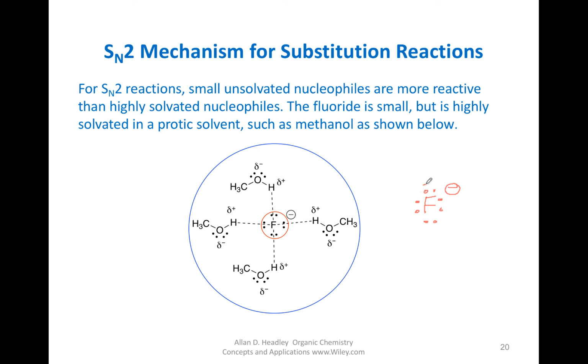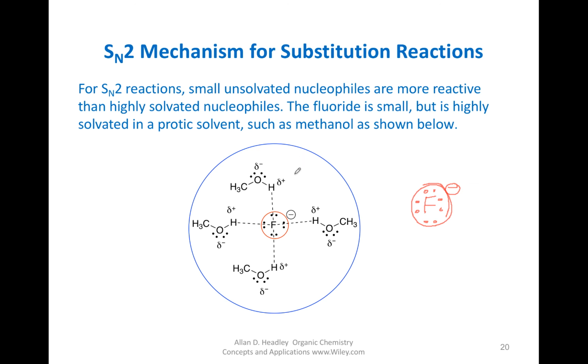And it is a good nucleophile because it is very small. However, if we should put this very small F minus, the fluoride anion, in a solvent such as methanol, the effective size of that nucleophile gets pretty large because of solvation.